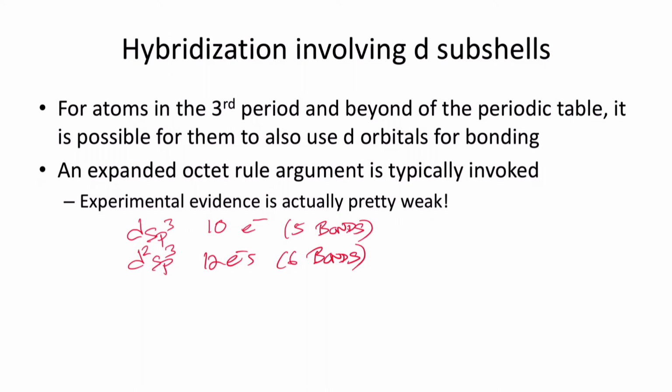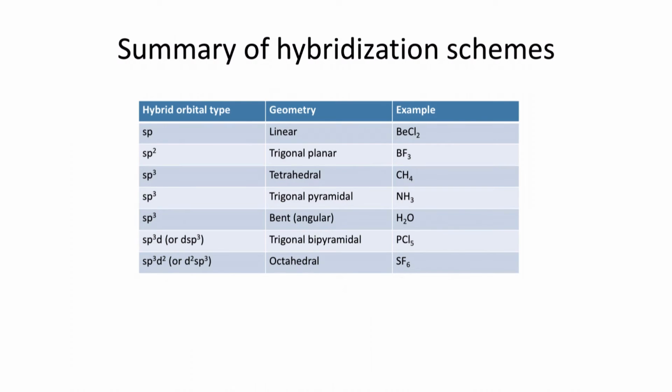Even though we use these things, the experimental evidence is actually pretty weak as far as justifying that they're there. Here's a summary of all the different hybridization schemes, so you can see exactly how they fit in. You can have sp hybridization, sp2 hybridization, or sp3 hybridization, as well as dsp3 or d2sp3.